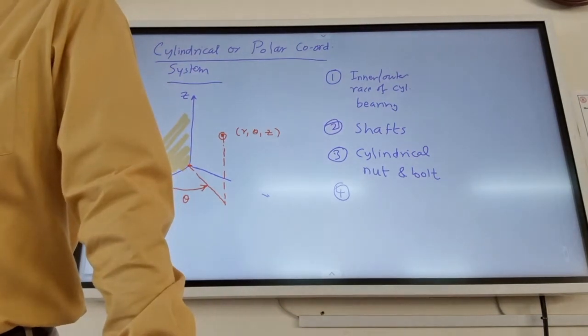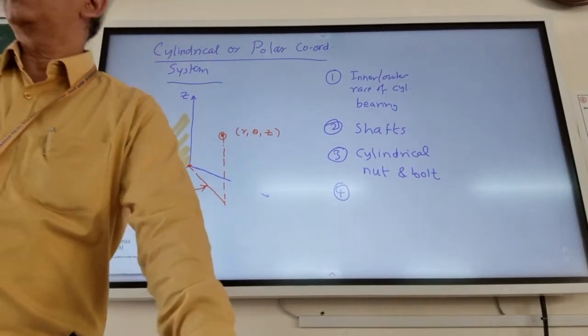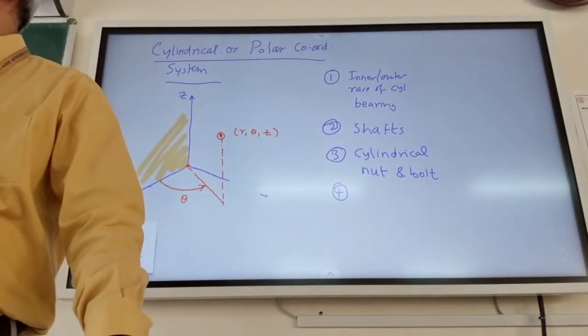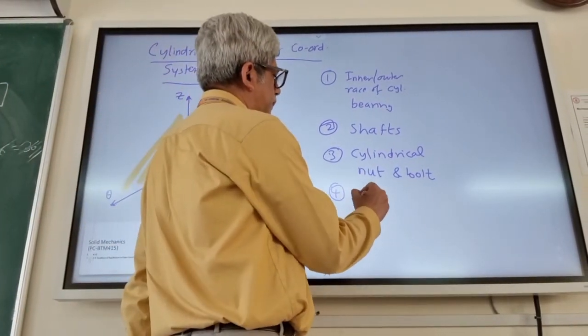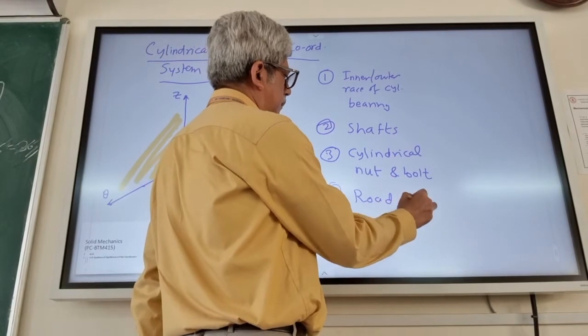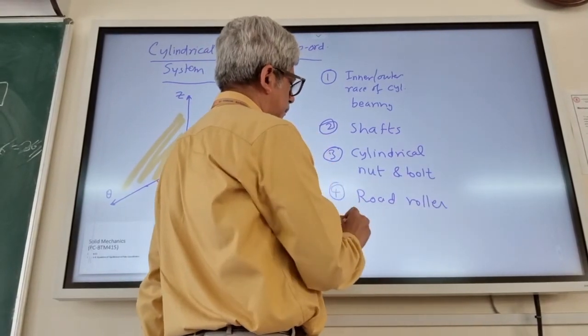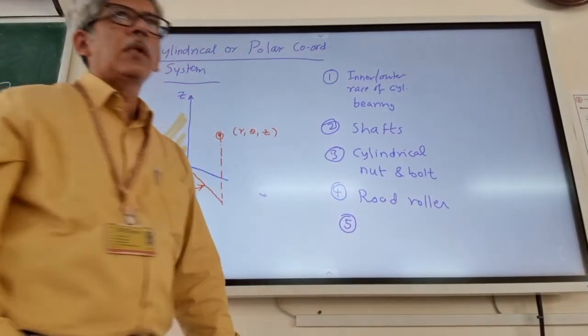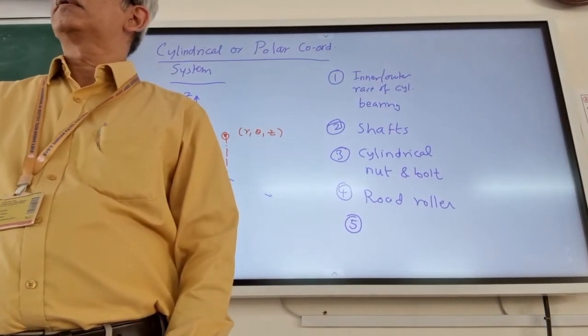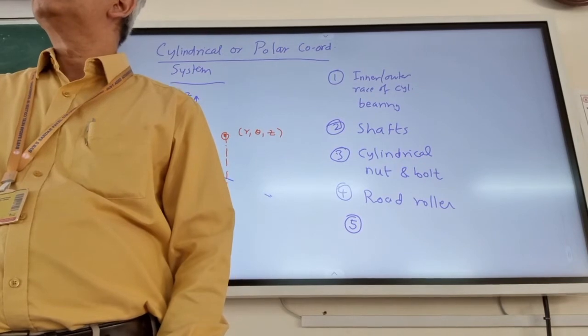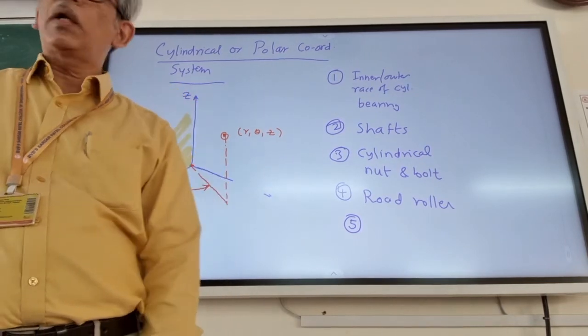Roller. That's right. Which roller are you talking about? Okay, road roller. That's right. Any other component that you have come across? Roller in the conveyor belt.